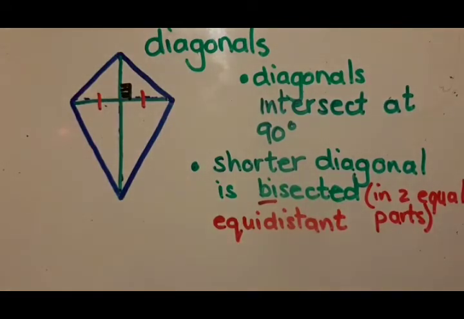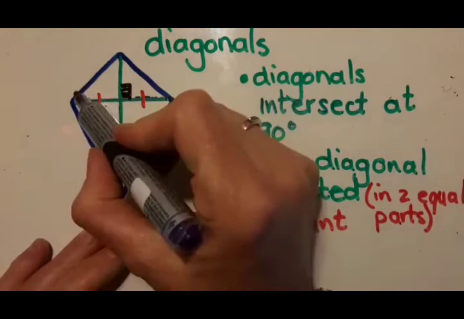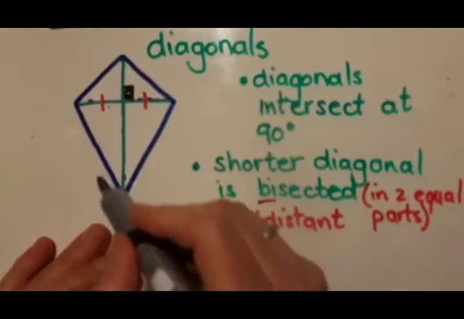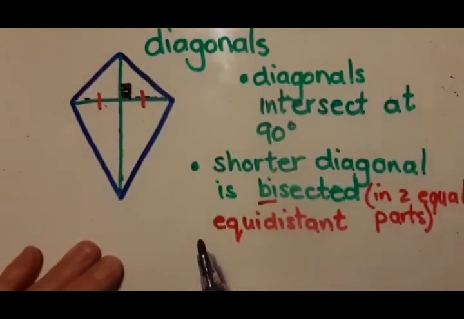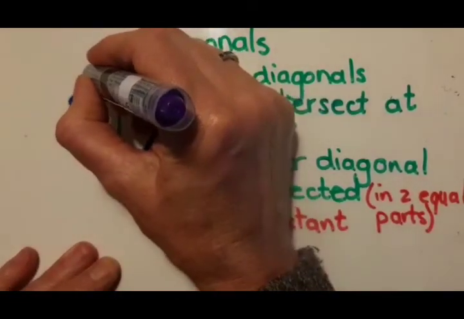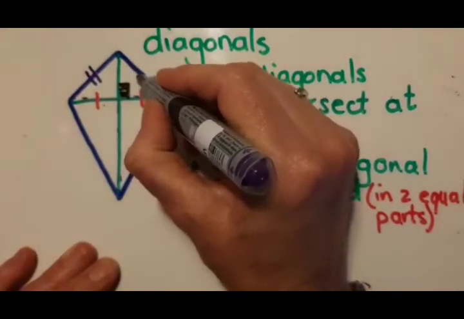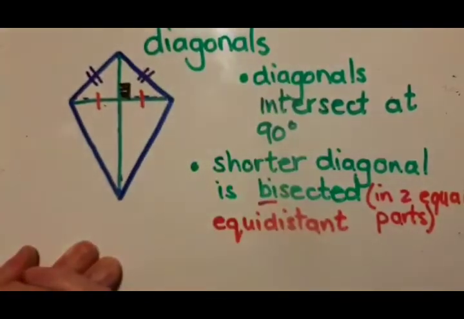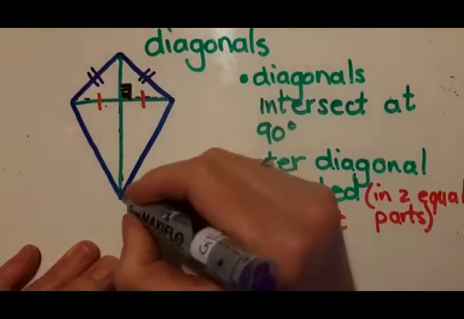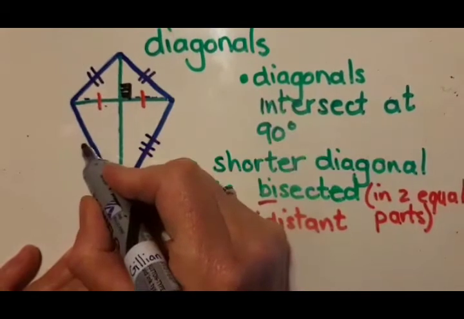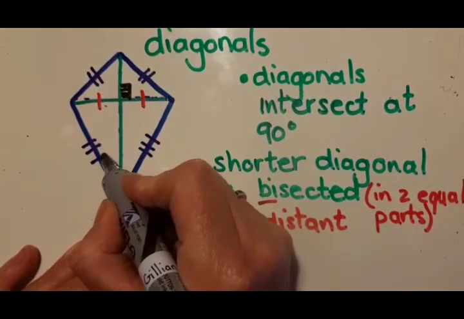Now the kite is interesting to me because there seems to be a shorter section on top and a longer section on the bottom. And this line here is the same length as this line here. And this long line is the same length as this long line here.